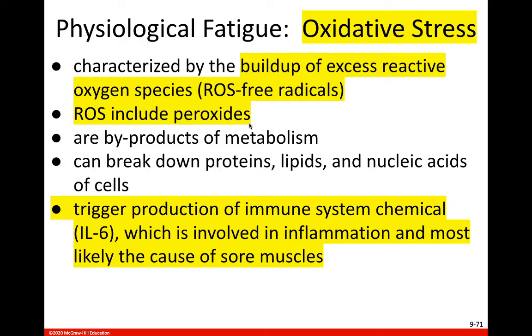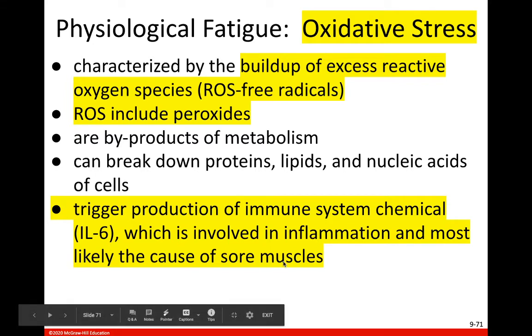And what these reactive oxygen species do is that they trigger the production of immune system chemicals, specifically a chemical known as IL-6 or interleukin-6. And this immune system chemical is actually involved in inflammation. And it is believed that this chemical is actually the cause of the inflammation and the sore muscles.